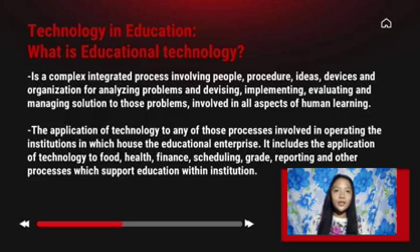Technology in education is the application of technology to any of those processes involved in operating the institutions which house the educational enterprise. It includes the application of technology to food, health, finance, scheduling, grade reporting, and other processes which support education within institutions.